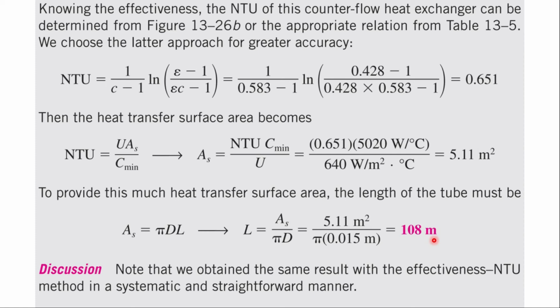Whichever route you adopt, the ultimate result would be the same. Previously we determined the length of the heat exchanger using the LMTD method, and this time we used the effectiveness NTU method, and the ultimate result is the same: the length of the heat exchanger is equal to 108 meters.